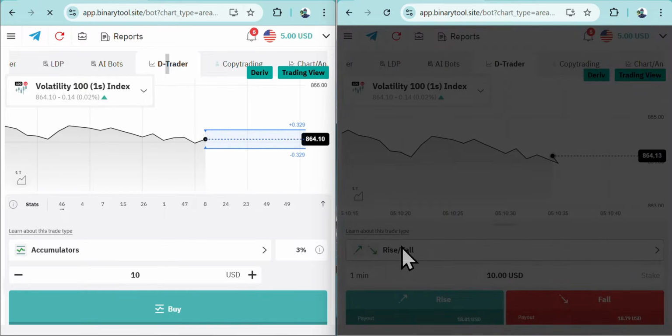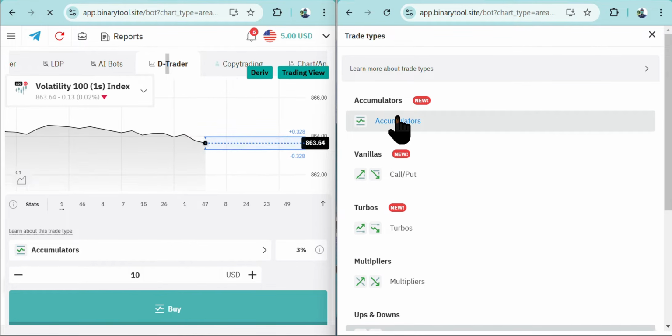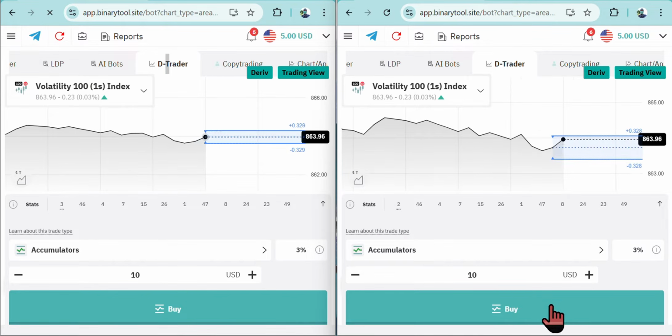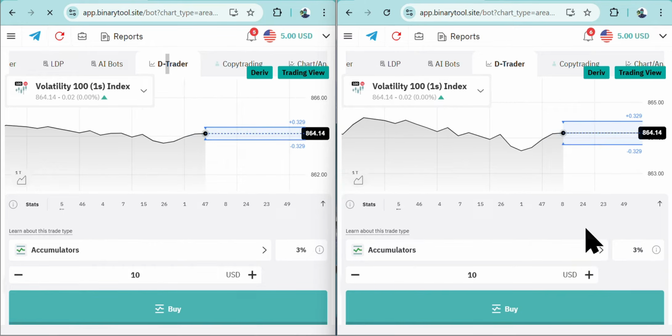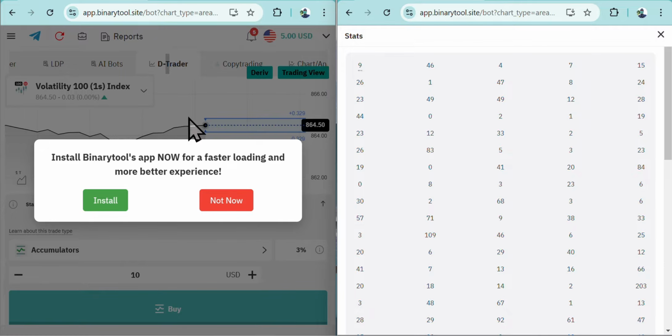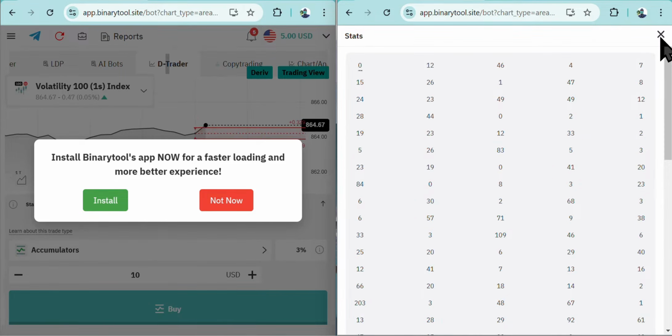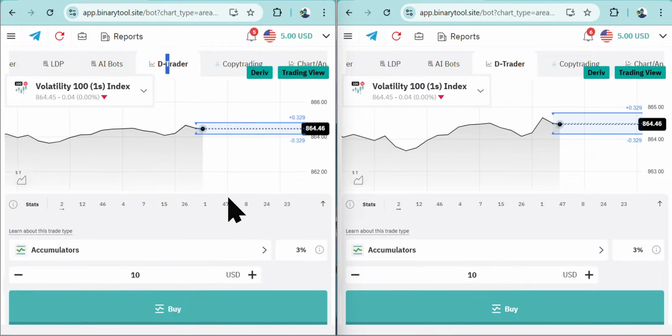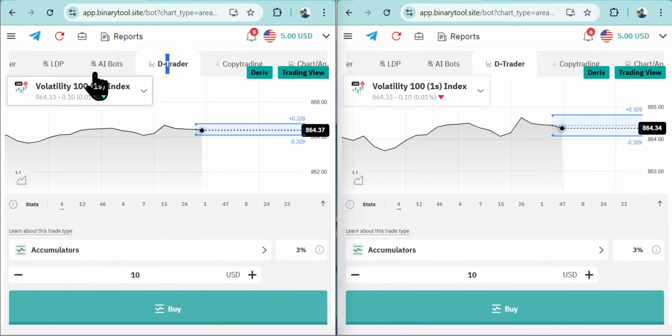Make sure you are on accumulators on both screens. We have already set our thing. This is the statistics of how these accumulators have been occurring.